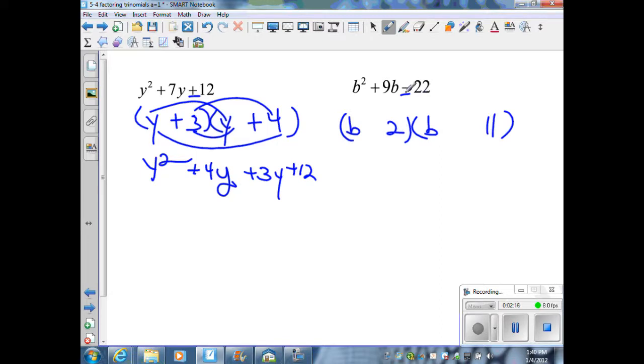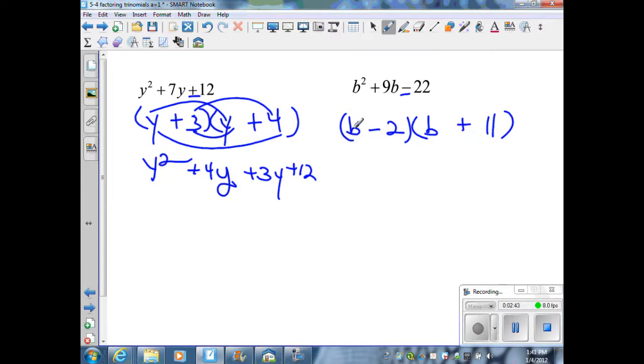Now, I know when this is a minus sign, I either need this to be a plus minus to get me my negative 22, or a minus plus to get me my negative 22. But the order of my symbols has to get me a positive 9b. To do that, I'm going to let this be a negative 2 and a positive 11. And I can just keep checking to get this right.